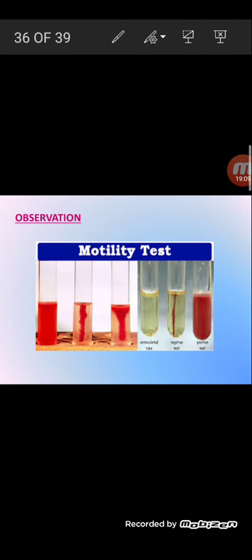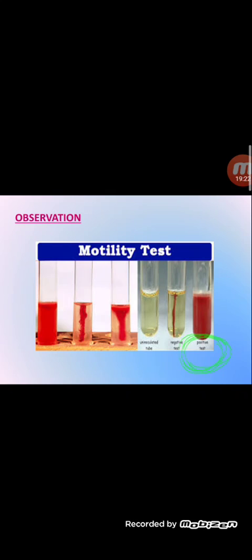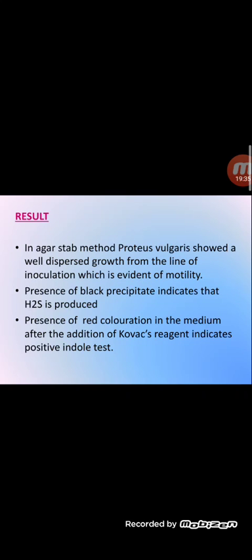So observation here, this is the positive test. It becomes cloudy and red. This shows indole production, and also the motility of the bacteria, motile bacteria. So the result in the agar stab is diffused growth from the line of inoculation, which is evidence for motility.